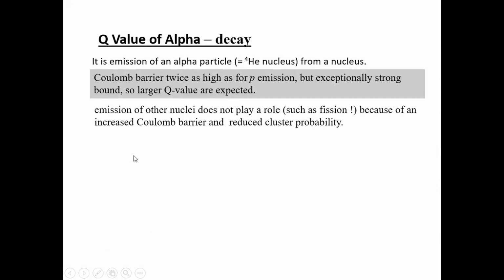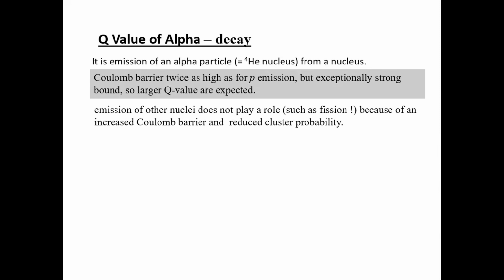One would like to estimate the Q value of the alpha particles, the energy in the reaction. When emission of an alpha particle occurs, basically a helium nucleus comes from the nucleus, and the Coulomb barrier is twice as high as for proton emission, but the emission is very strong.